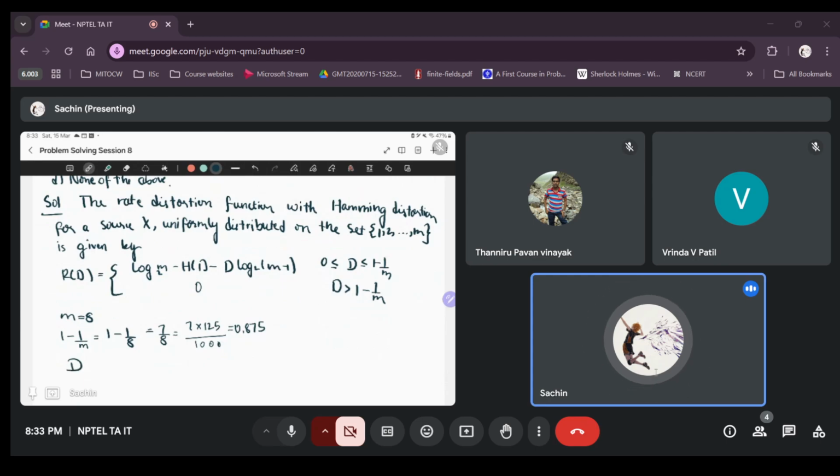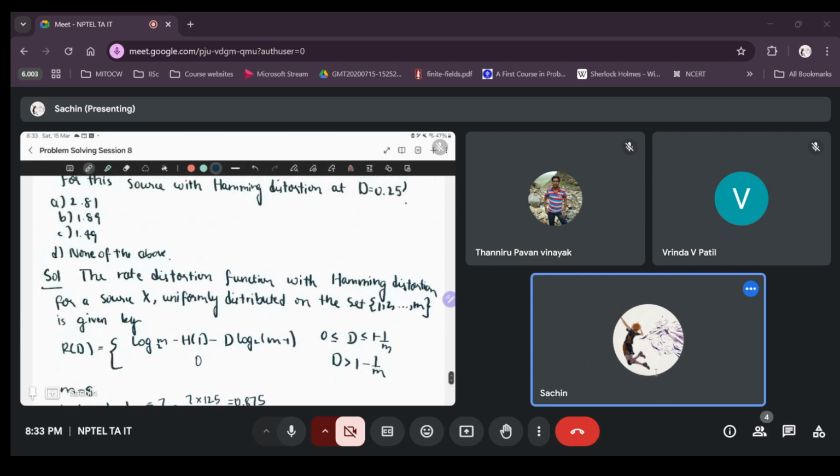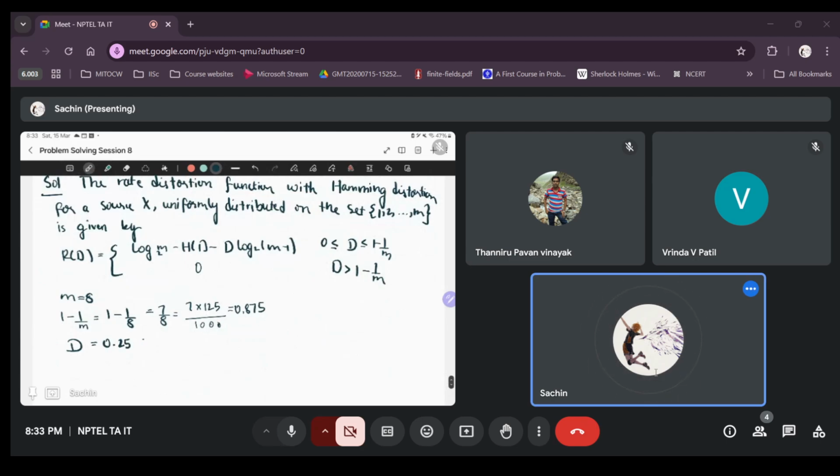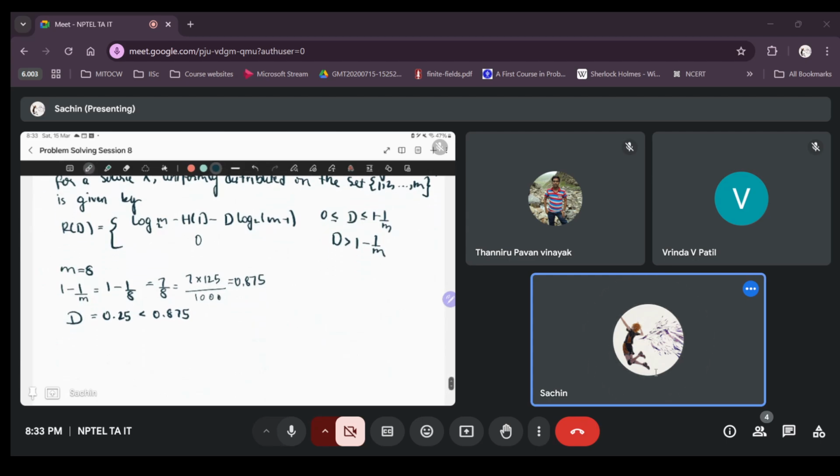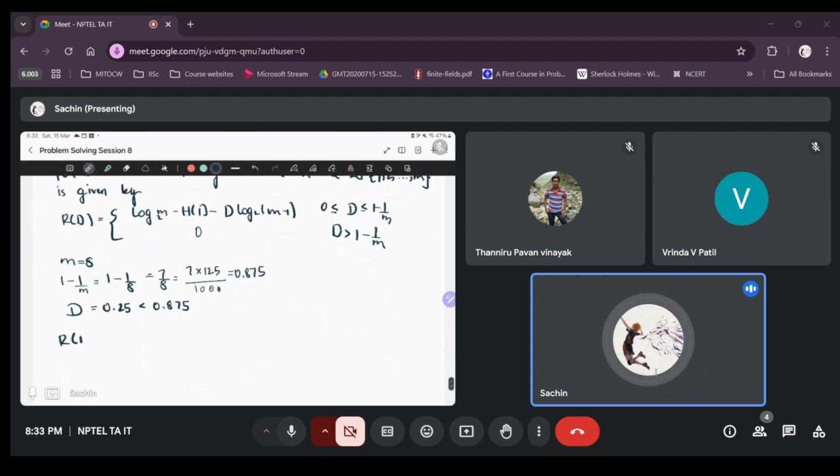So D is 0.25, which is less than 0.875. So the rate is the first function value. R of D is log of 8 to base 2 minus h of 0.25 minus 0.25 times log of 7 to base 2.